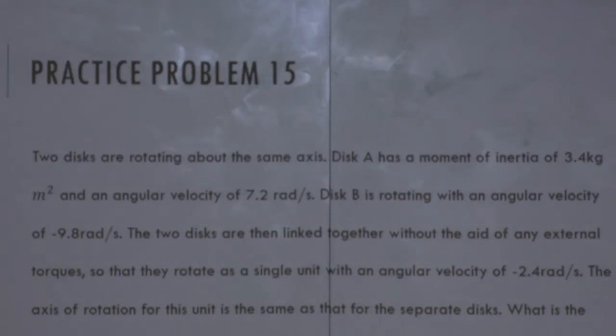So this looks like a conservation of momentum problem, right? We have no net external torques, so that means our angular momentum is conserved. So we know the moment of inertia for this, which will be 3.4 kilogram meters squared.